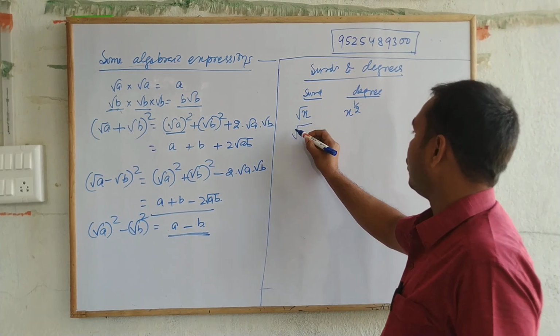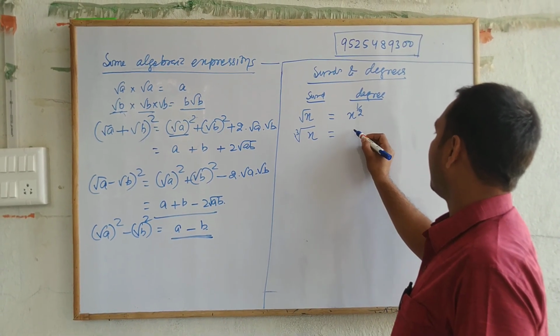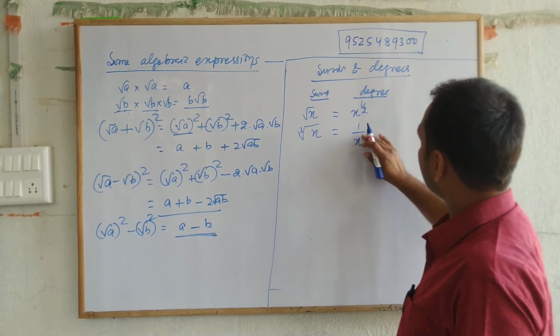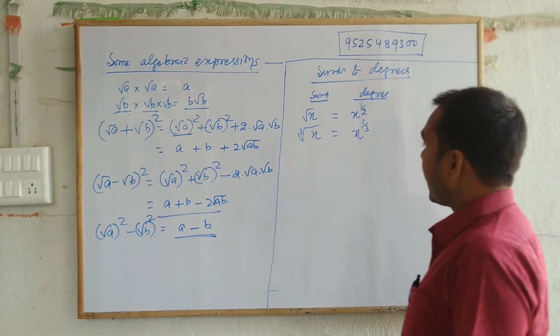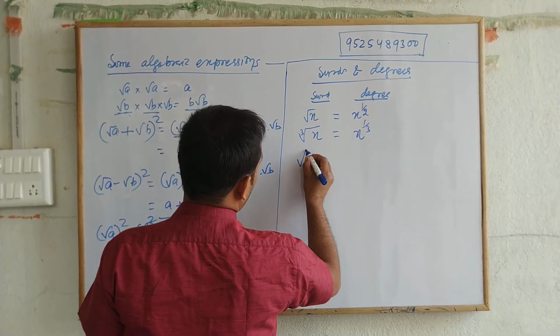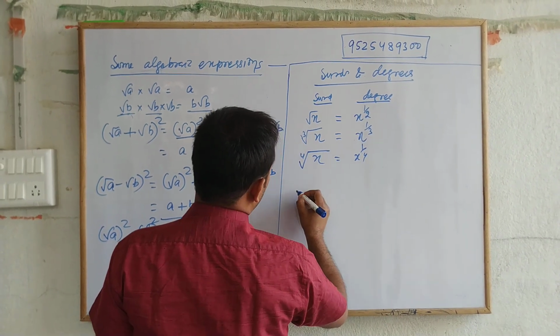Similarly, cube root x is equal to x to the power 1 by 3, and so on. Here x to the power 1 by 4.